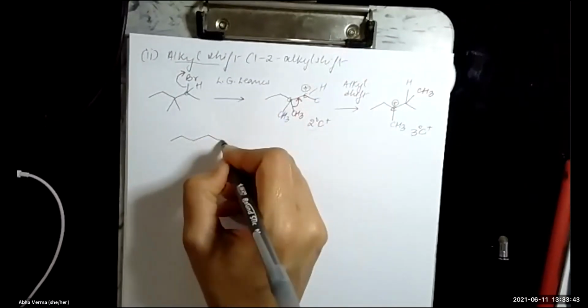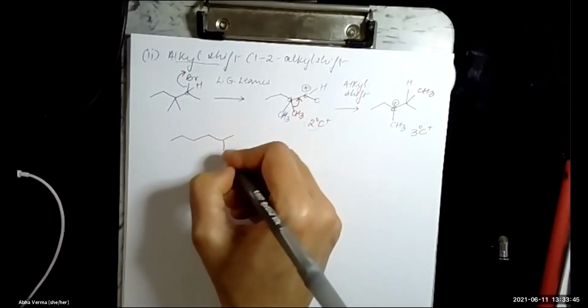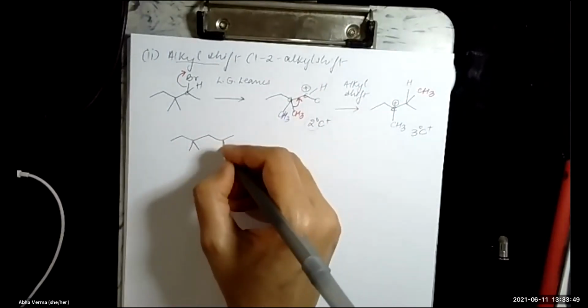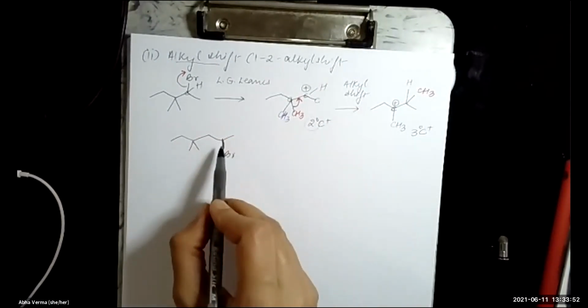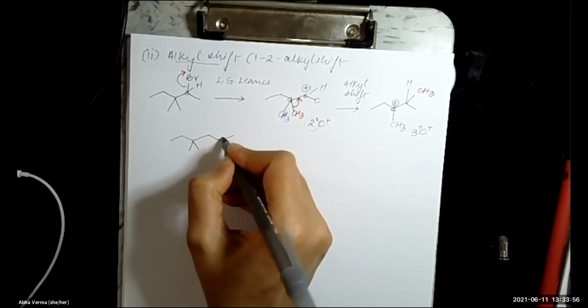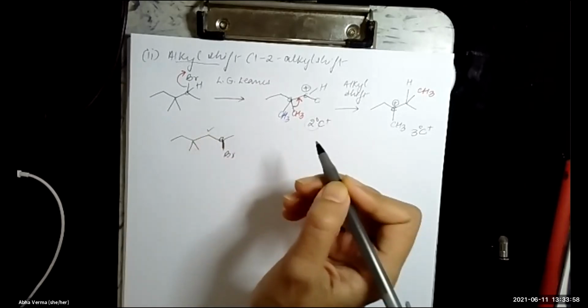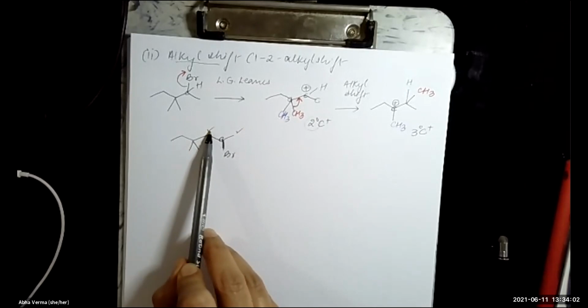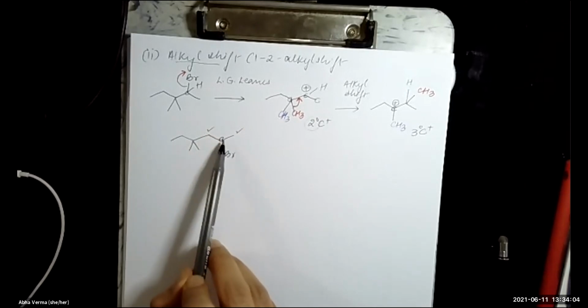Remember, for your course, if a molecule has something like this, then you cannot have this jump. Why? Because this carbon is next to this carbon and this carbon only. You don't have to look further than a 1,2 situation.